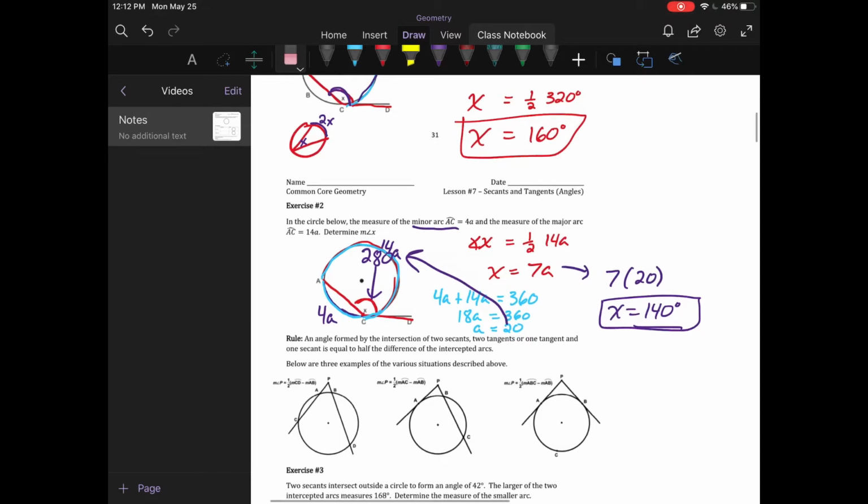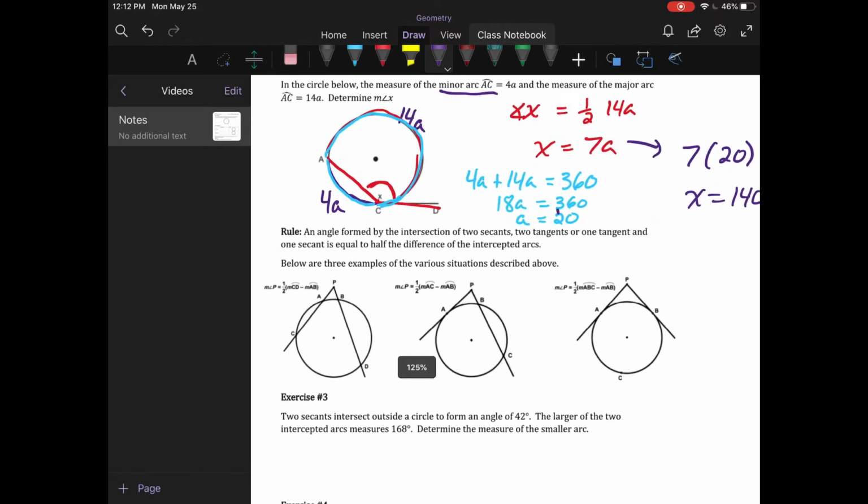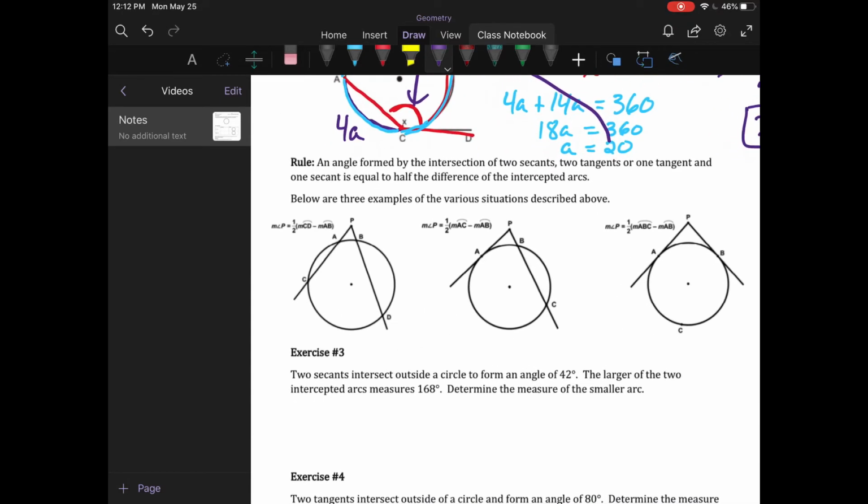There are some other rules with these too, because sometimes you get, instead of a tangent and a secant, some other combination of them. So if we look at this rule right here, it says an angle formed by the intersection of two secants, two tangents, or one tangent and one secant is going to be equal to half of the difference of the intercepted arcs.